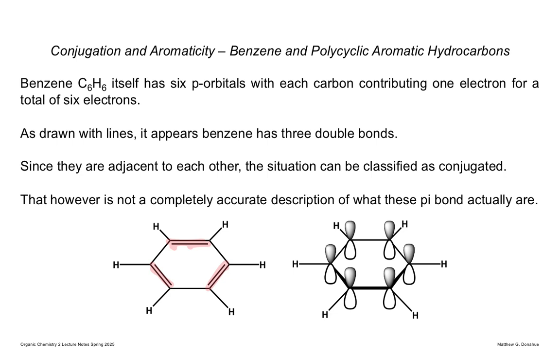So that arises because of the p orbital overlap and conjugation. So we have 6 p orbitals. And these p orbitals will mathematically combine to form 6 molecular orbitals.